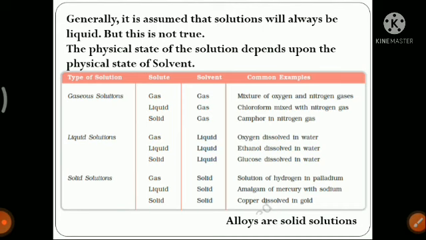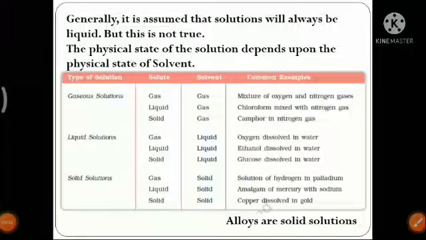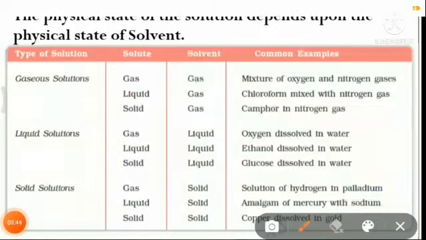But whether the solution will be solid, liquid, or gaseous can be determined by the physical state of the solvent. In this table, if you look carefully, this column is of solvent and this is of solute.